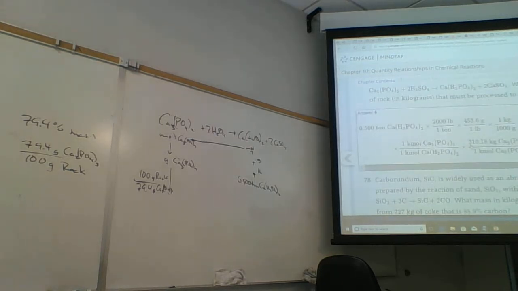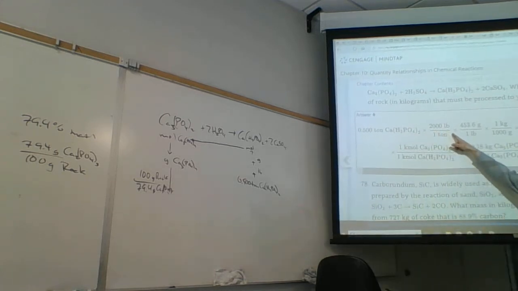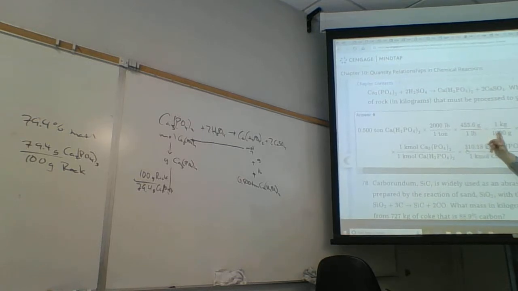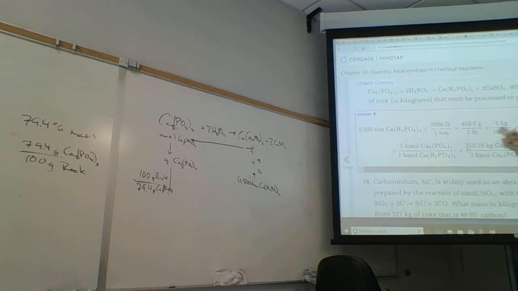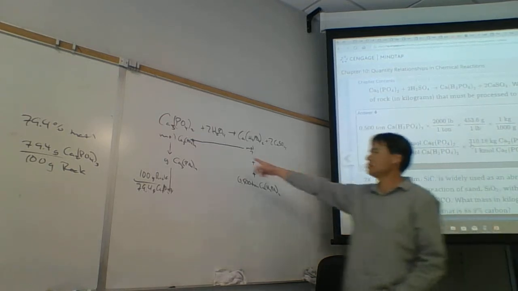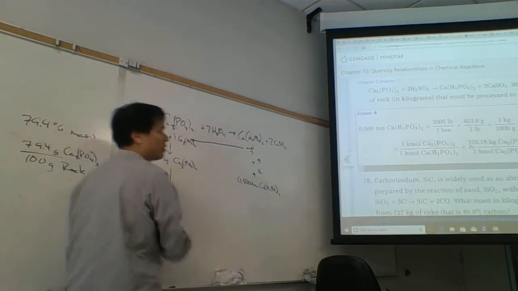All right, so this is what they did here. They went from tons to pounds of fertilizer, pounds of fertilizer to grams of fertilizer, grams of fertilizer to, I hate this kilomole stuff, I would just go to moles of fertilizer to moles of calcium phosphate to grams of calcium phosphate, grams of calcium phosphate to grams of rock.